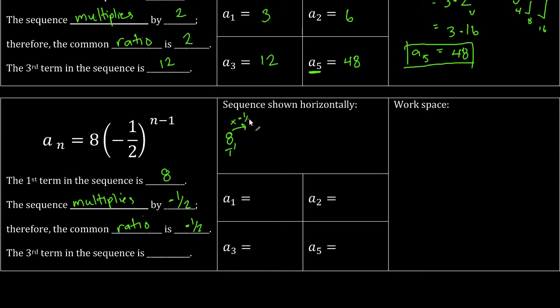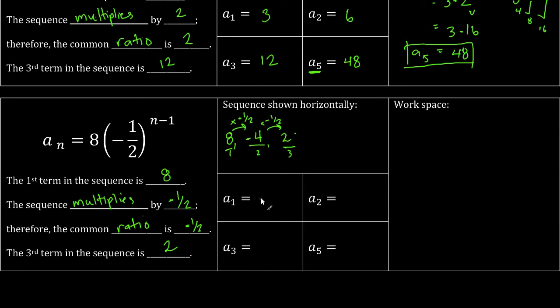Multiply by negative half. A positive times a negative is a negative. 8 times half is 4. That's our second term. Multiply by negative half again. Negative times a negative is a positive. 4 times half is 2. That's our third term. So our third term is 2. Remember, these aren't fractions.